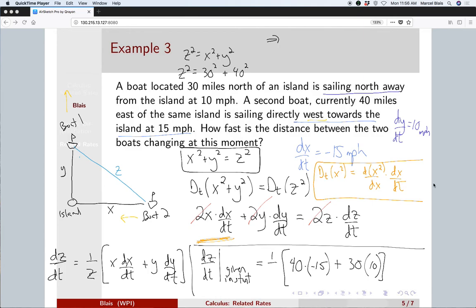And thus, z is the square root of 30 squared plus 40 squared. 30 squared, 900. 40 squared, 1600. That's the square root of 2500, or 50 miles. So that 50 comes in for this z here.